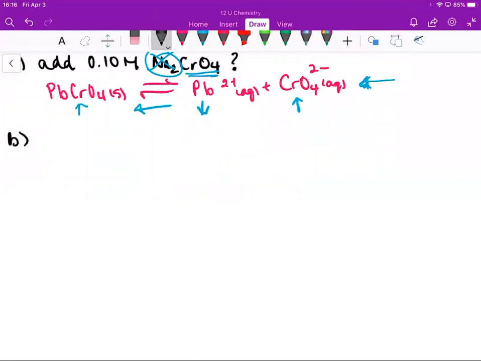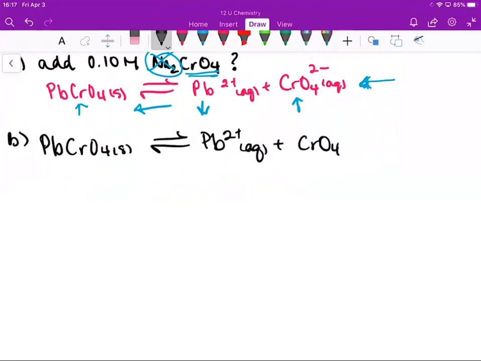We're dealing with a lot more information. So we have, nope, not carbonate. This is our dissociation reaction.